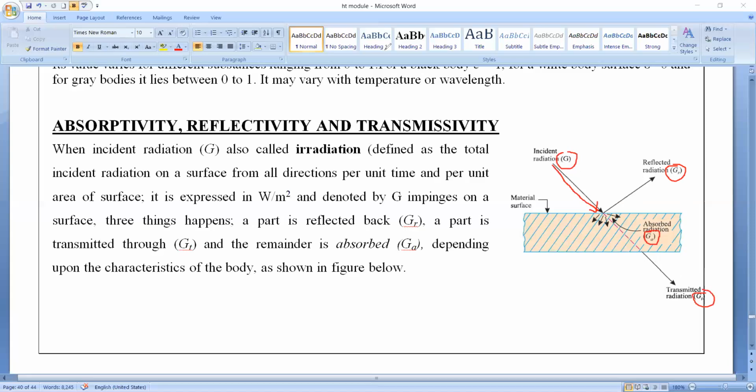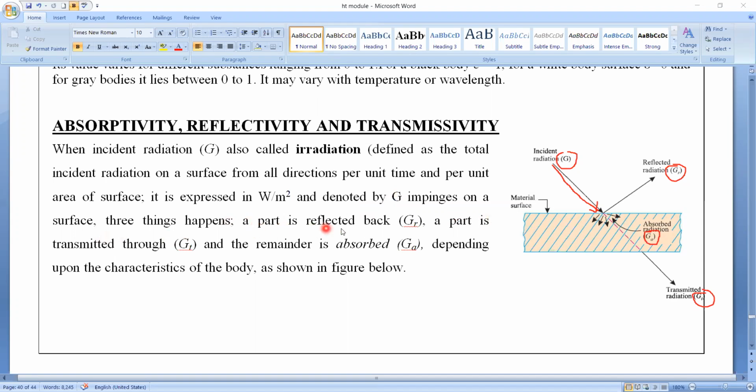Now, before going to the energy balance equation, let us read the sentence carefully. The incident radiation G is also called irradiation. How to define irradiation? It is defined as the total incident radiation on the surface from all directions per unit time per unit area of the surface, and it is expressed in watt per meter square in SI units, denoted by G. Impinging on the surface, three things happen.